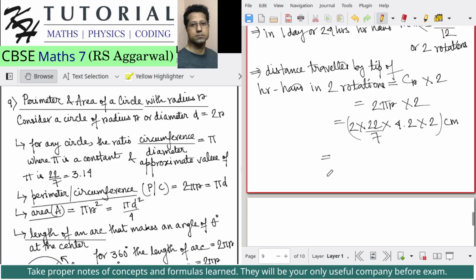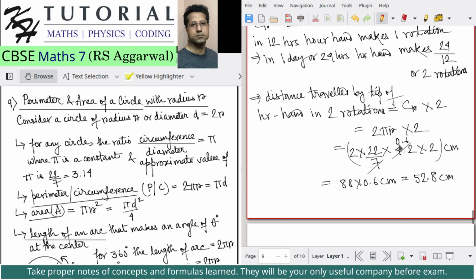This is equal to 7 divides 4.2 with 0.6, and we have 88 multiplied by 0.6 centimeter, which is equal to 52.8 centimeter is the distance traveled by the hour hand.